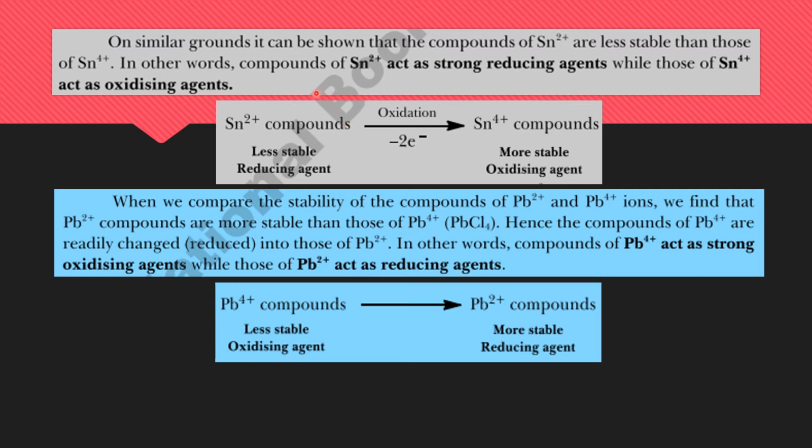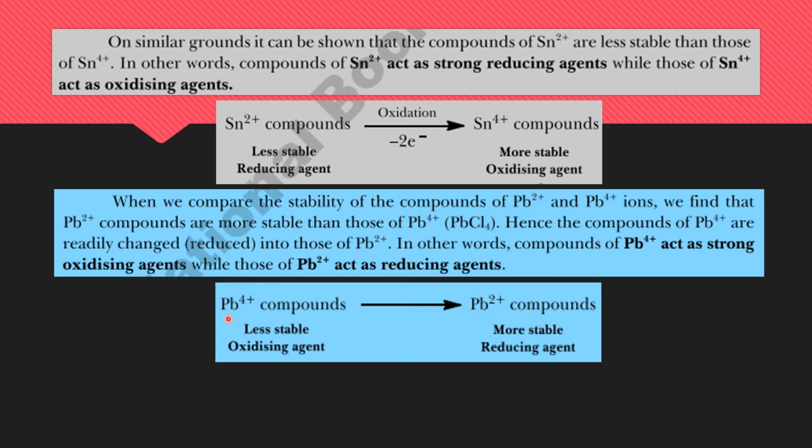Here we can see that in the case of germanium and tin, +2 oxidation state compounds are less stable, but here compounds of lead having the +4 oxidation state are less stable, and compounds of lead having the +2 oxidation state are more stable.